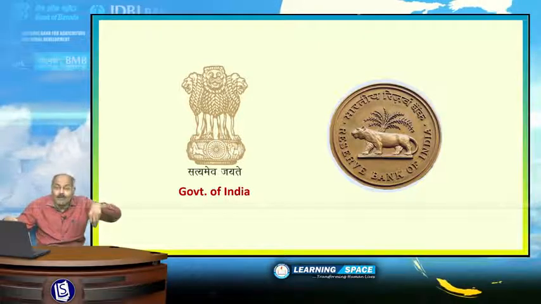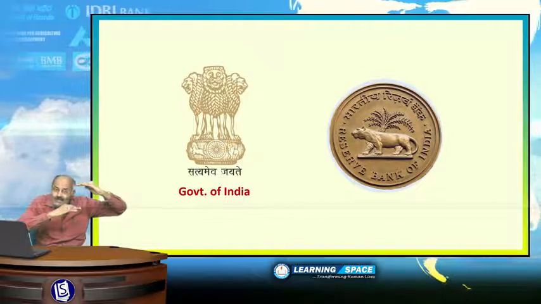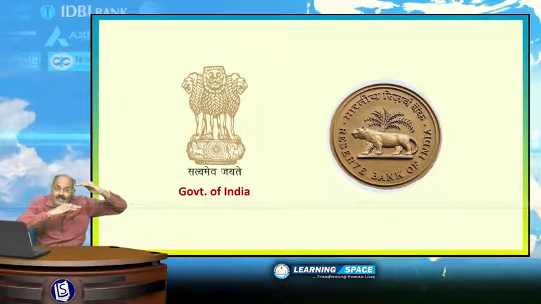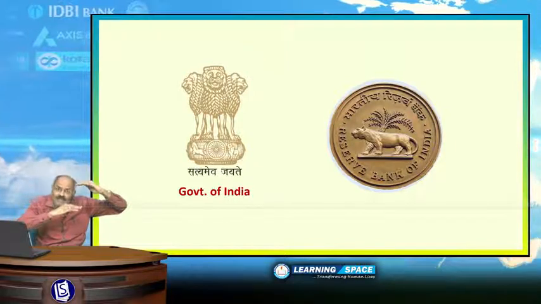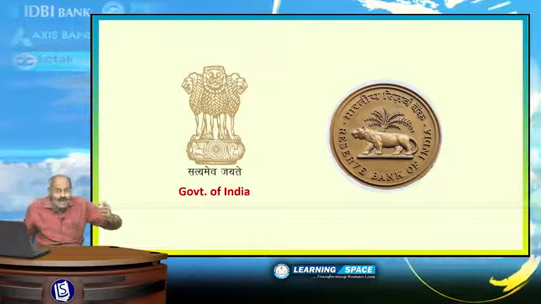Basically the central government borrows from the market to bridge the fiscal deficit. Fiscal deficit is the gap between expenditure and revenue. The government will bridge the fiscal deficit by borrowing from the market, which is known as the market borrowing program.